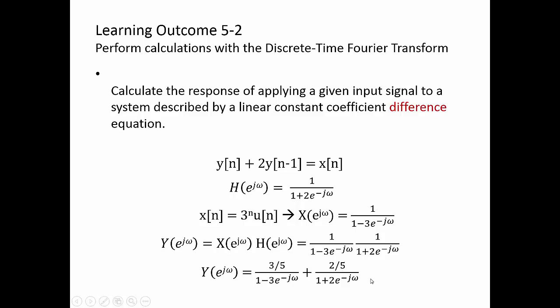Same thing, just watch that you're trying to find the value of e to the negative j omega that makes your denominator go to 0 and not just the value of omega. Then again, table 5.2, property number 8 will allow you to invert the transform of both of these. Remember the u of n, your answer is not correct without it.